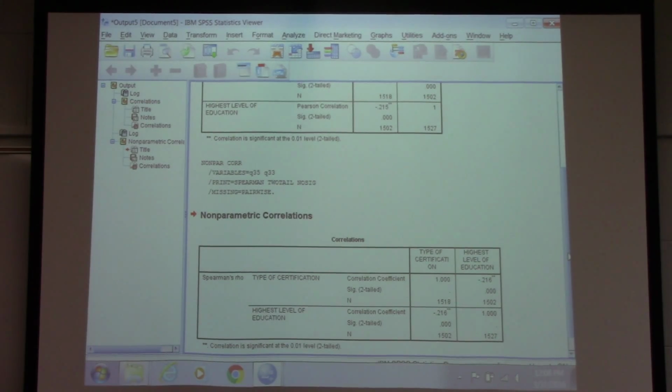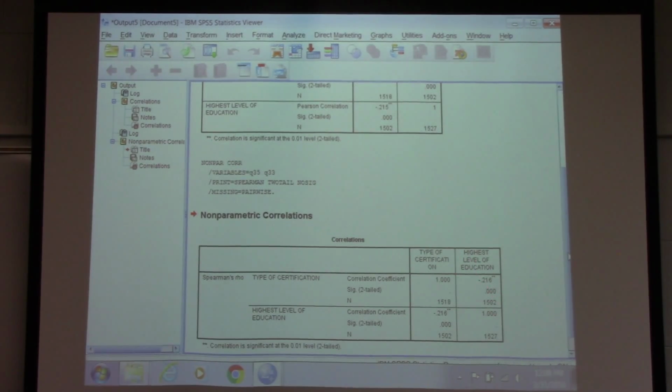First of all, when I look at the relationship, what I can see is there's a negative 0.216 relationship between types of certification and highest level of education, and that's statistically significant, 0.000.